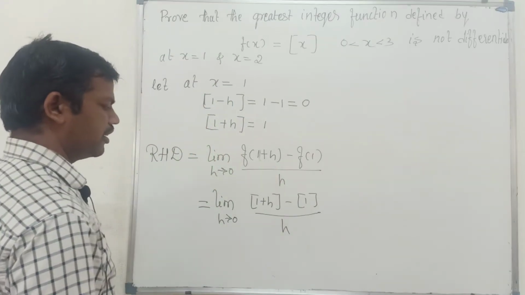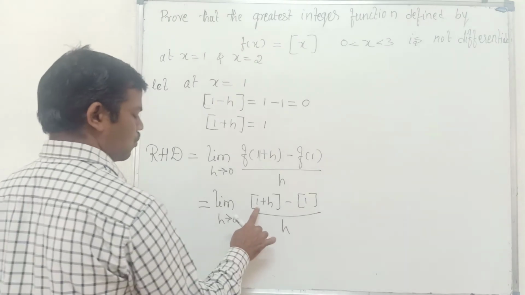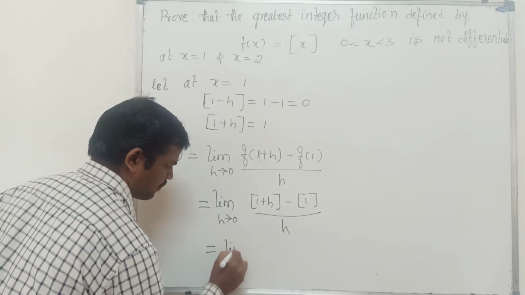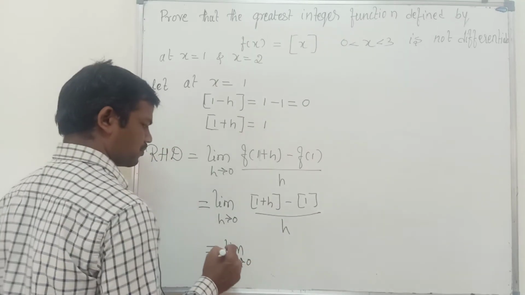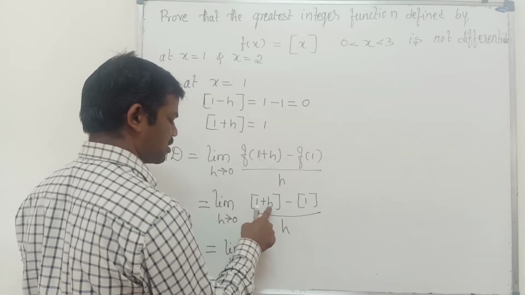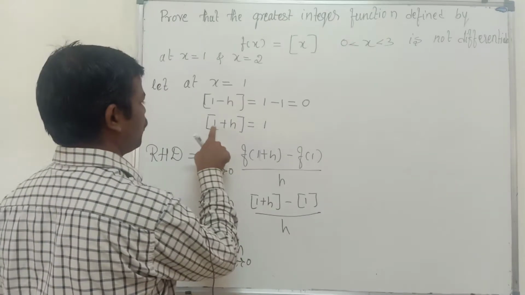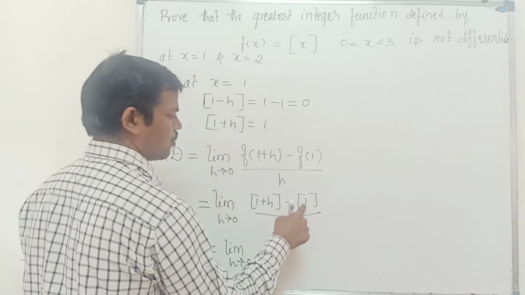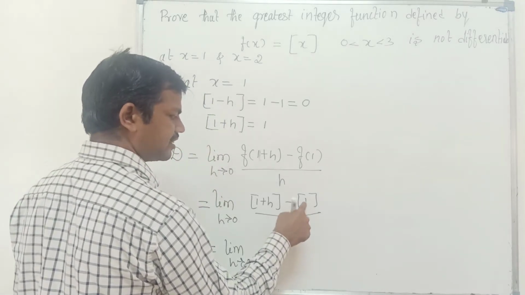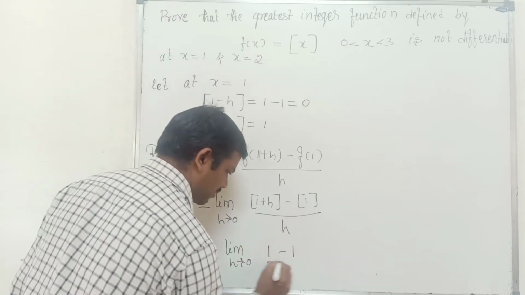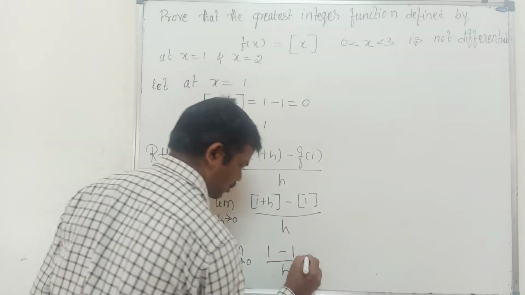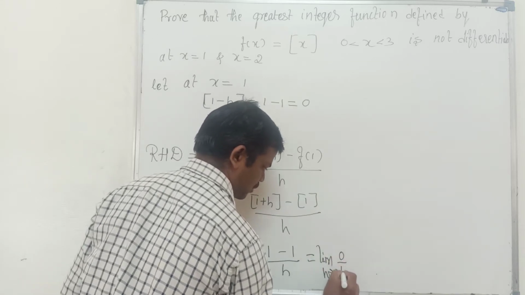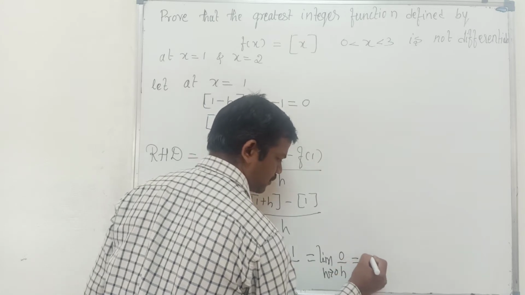We have already found that for 1 plus h the greatest integer is 1. So the limit as h tends to 0 of 1 minus 1, since the greatest integer of 1 is 1 itself, divided by h. 1 minus 1 is 0, so it is 0 by h. 0 by any number is 0, so the limit of 0 is 0.